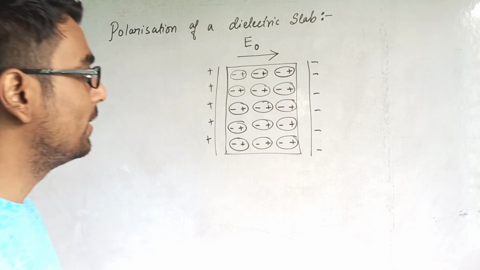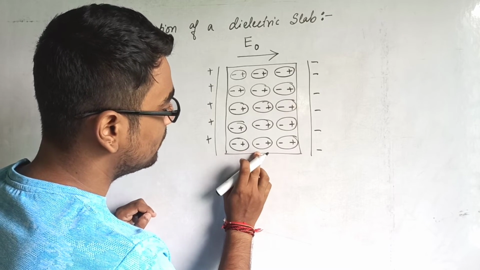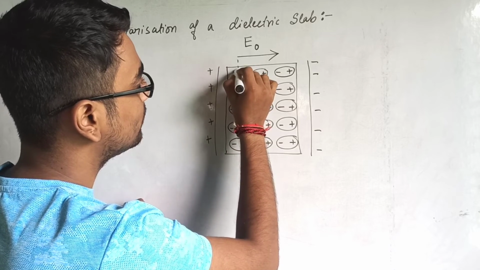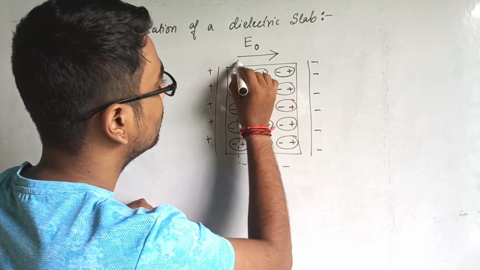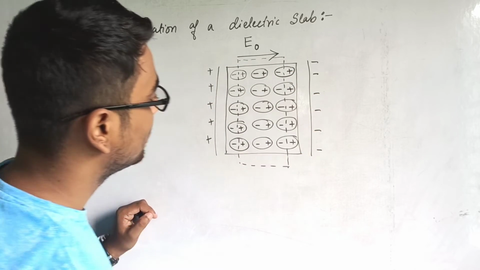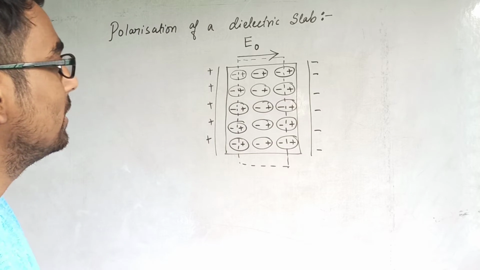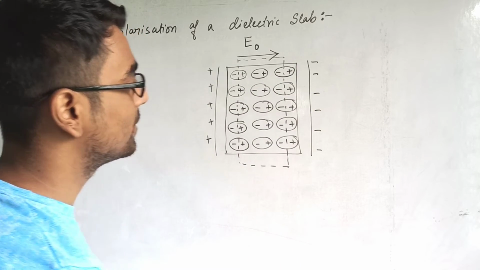Here you can see these positive and negative charges will cancel out each other. Let me separate it out. These charges will cancel out each other, but there will remain this negative charge on the surface and this positive charge on the surface.